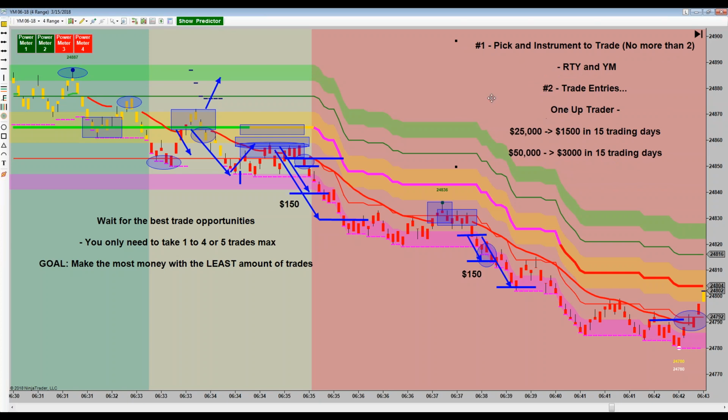The beauty of OneUp Trader and working with partners like OneUp who fund trader accounts is that you're not risking your own capital. You can spend less than $100 a month. I think the 25K one, less the 25% discount, is only like 93 and change a month to access $25,000 in trading capital. Where else can you get that?